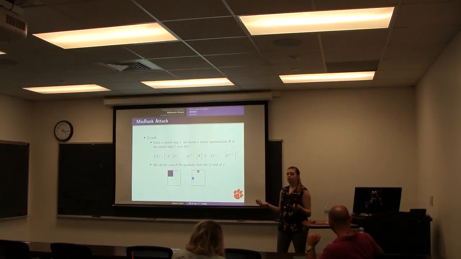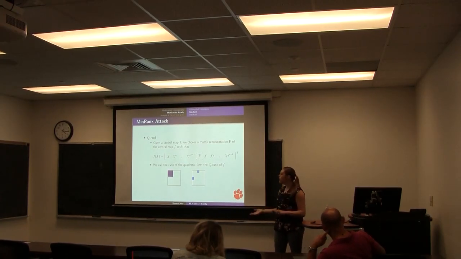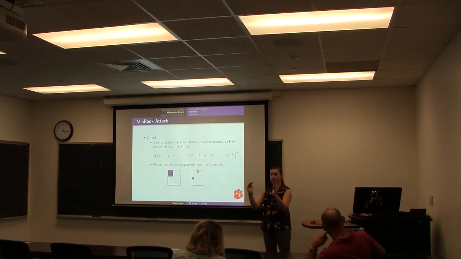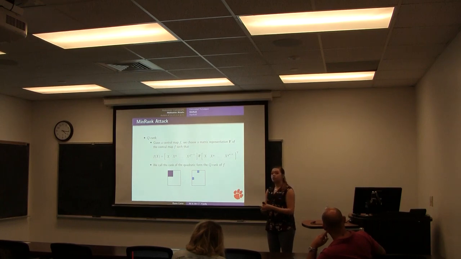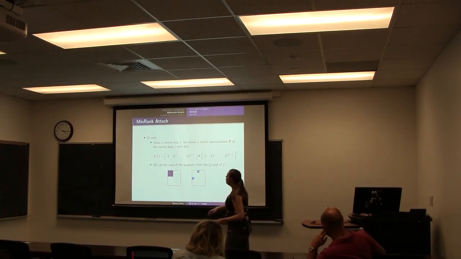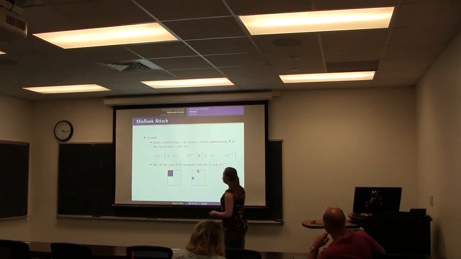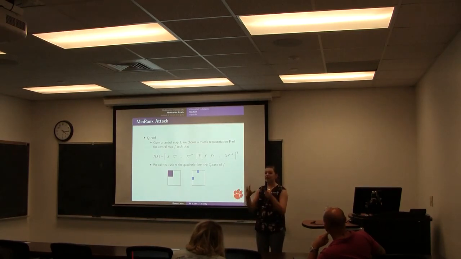So HFE is another multivariate scheme, very similar to C star, but instead of having that x to the q to the theta plus 1 function that we've been talking about, it replaces that central map with just a more general polynomial of degree bound d. So the only non-zeros in that quadratic form are going to be contained in that upper d by d block.